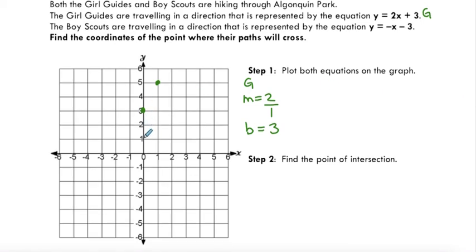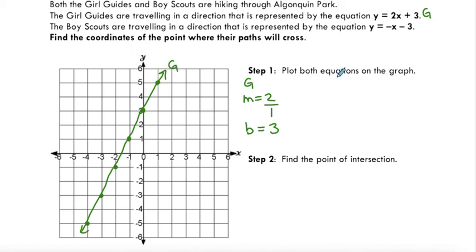I'm going to go down 2 and to the left 1. I'm going to keep following that pattern until I run out of room on my grid. And I'm going to connect those points using a straight line and label this one G for Girl Guides.